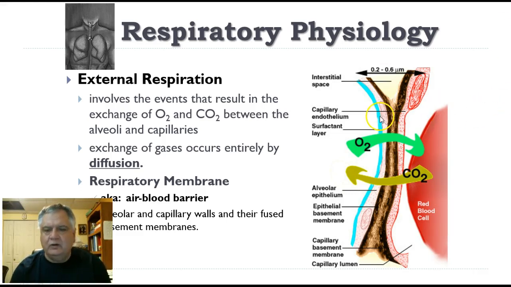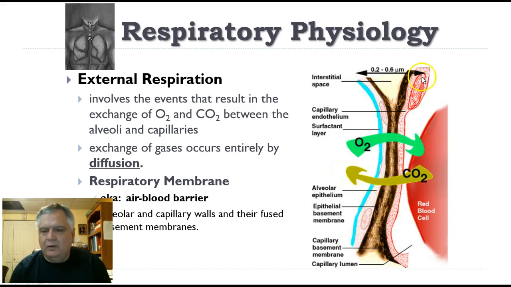So if we take a look at our diagram over here, here's an alveolus on this side, here's a capillary on this side. And here we can see the wall of the alveolus, a very thin wall. It's made up of simple squamous epithelium. And then here is the basement membrane of the alveolus.